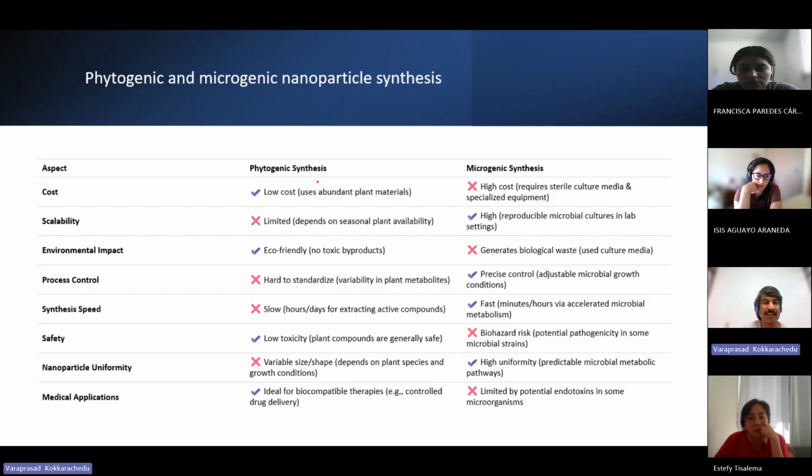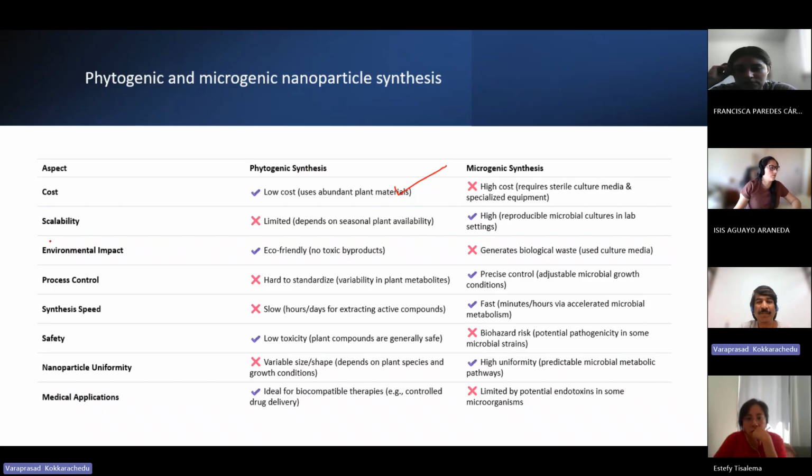Why? We just take the plant from outside. And this one is high cost. Why? For growing bacteria and cells we need a lot of chemicals and a lot of liquids. So this is more costly than the plant method.